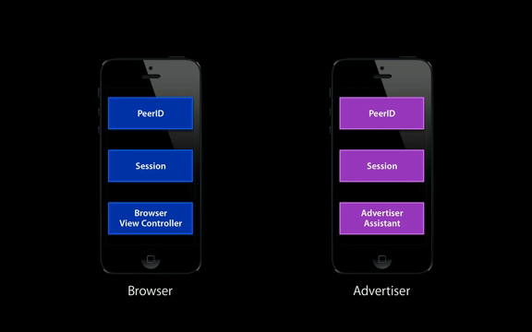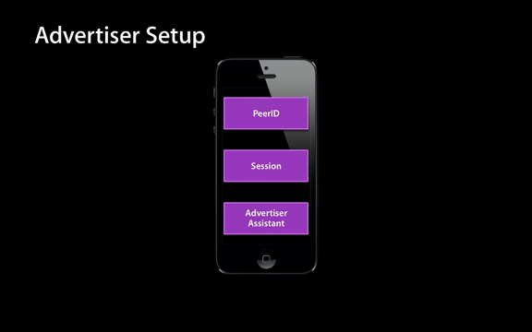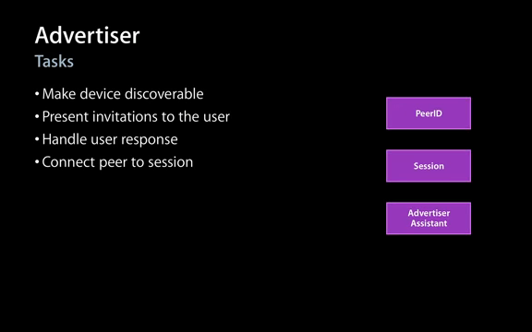This slide shows you the type of objects that you will have to use to set up the advertiser and the browser. So let's start with the advertiser. What are the tasks of the advertiser? Well, as we said, the advertiser has to make itself discoverable to other nearby peers.